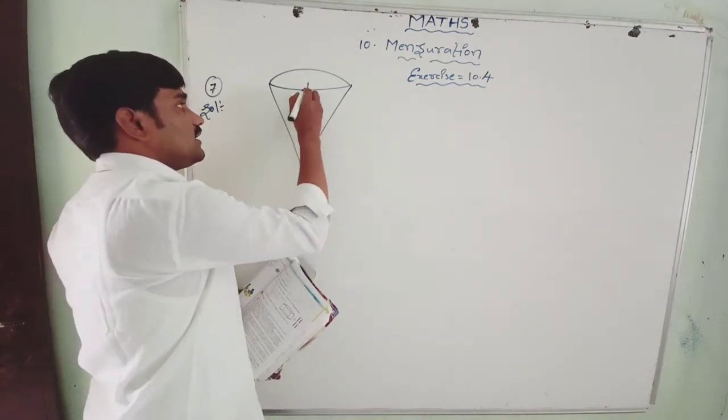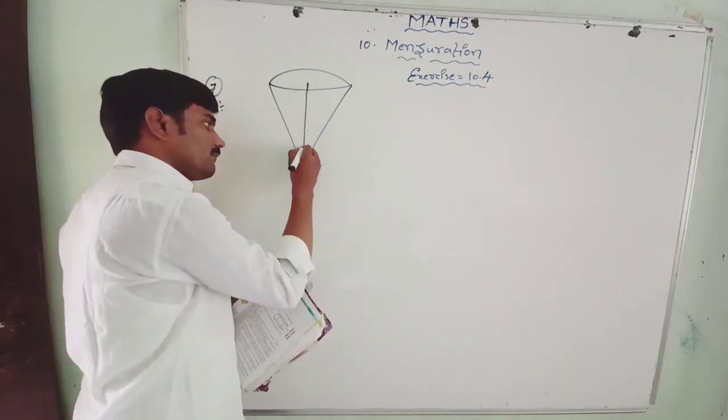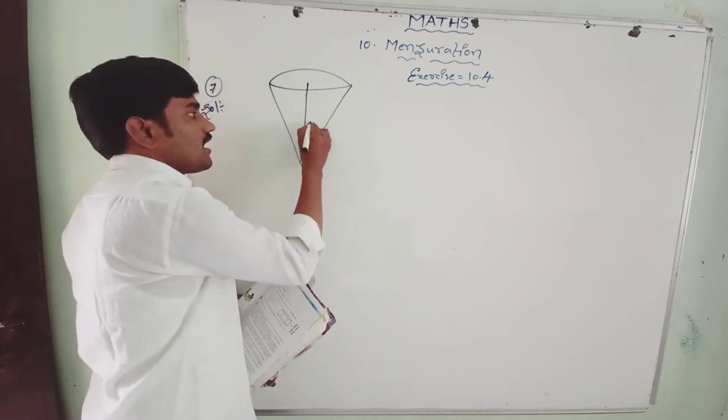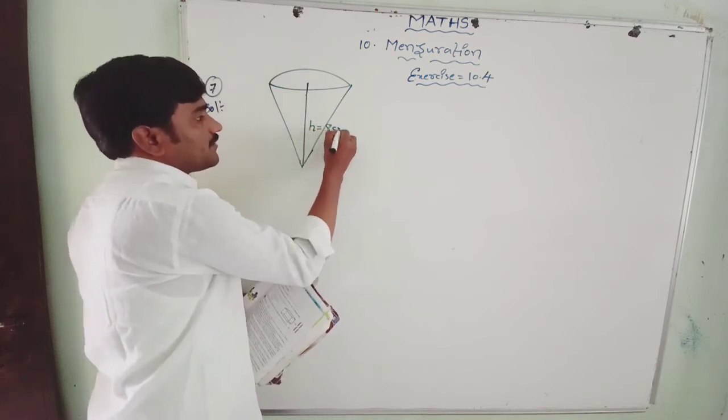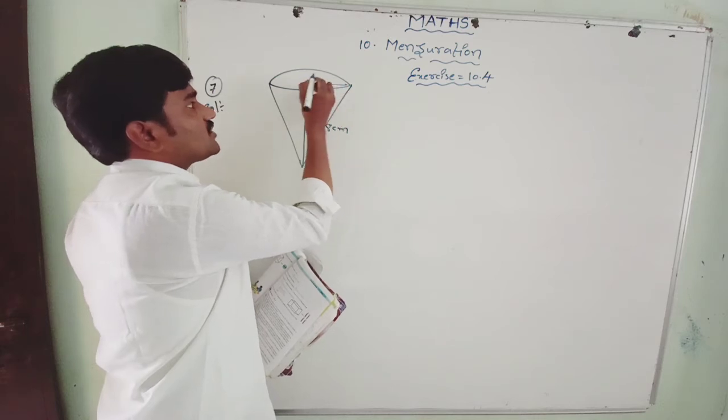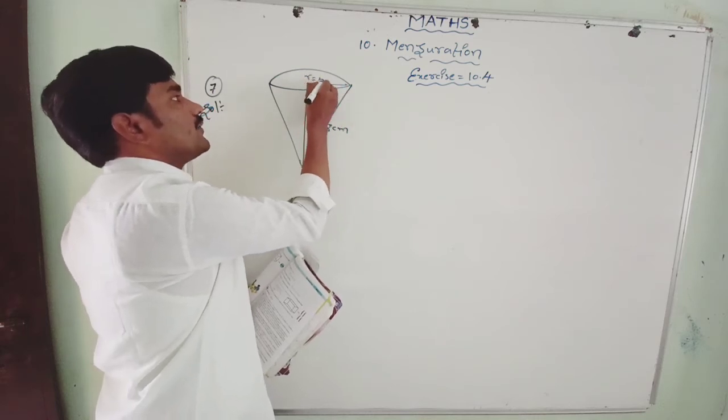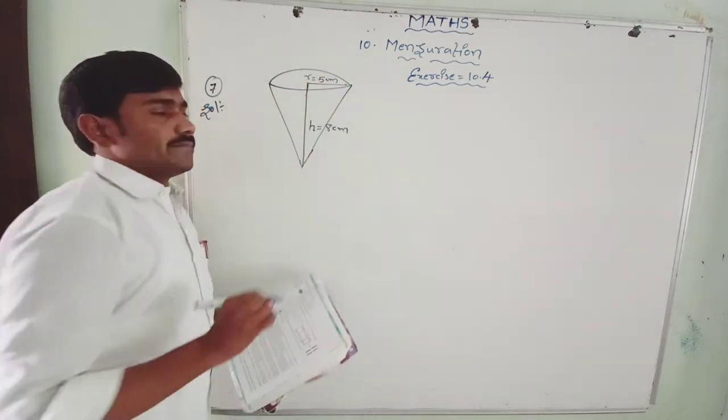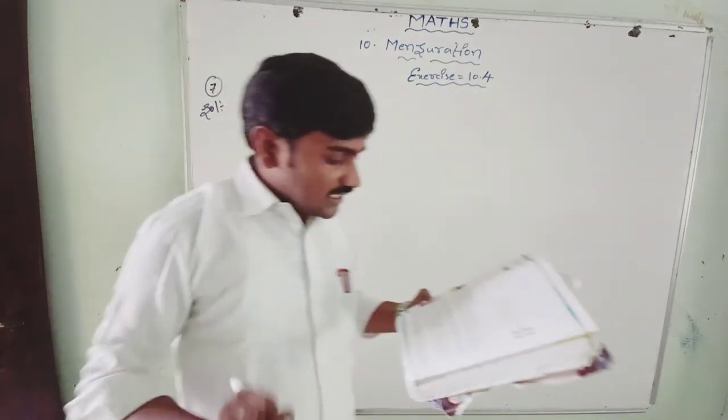What is its height? 8 centimeters. Height is 8 centimeters and radius of the top is equal to 5 centimeters. Is it clear?